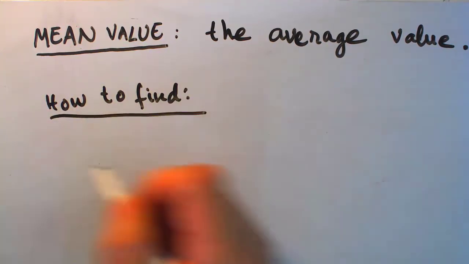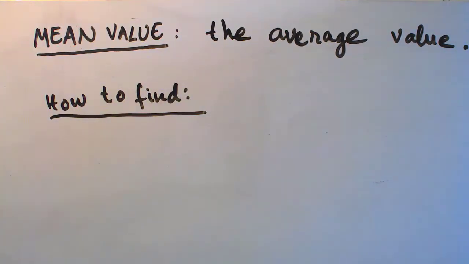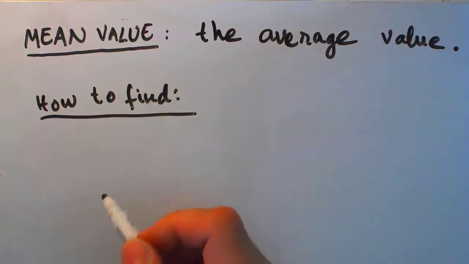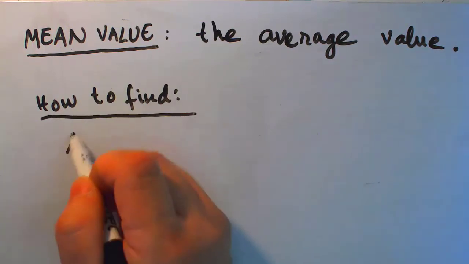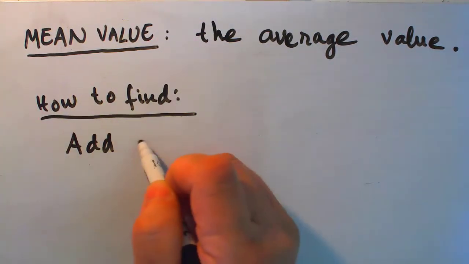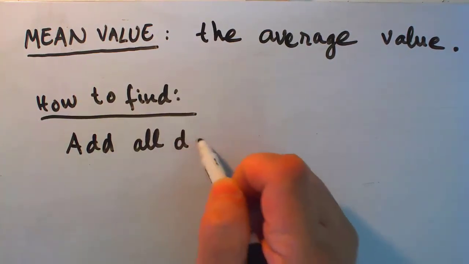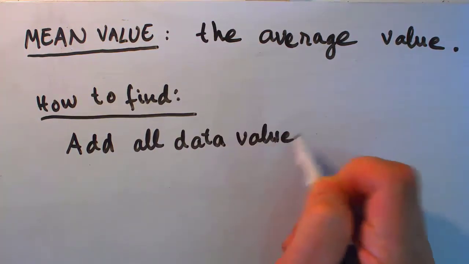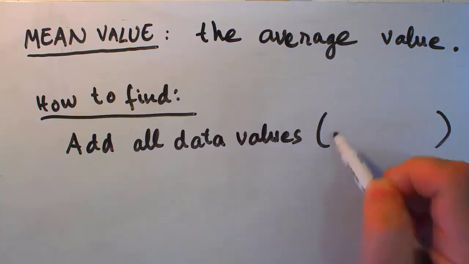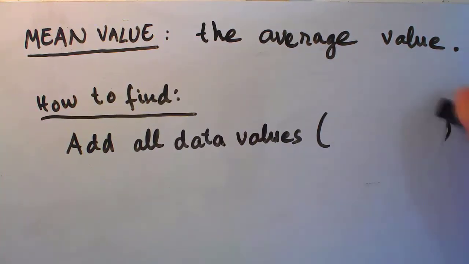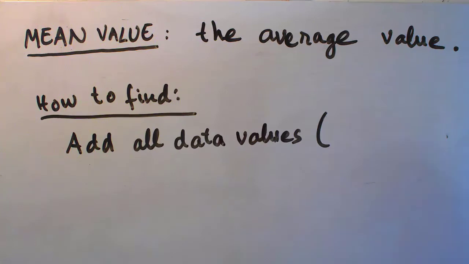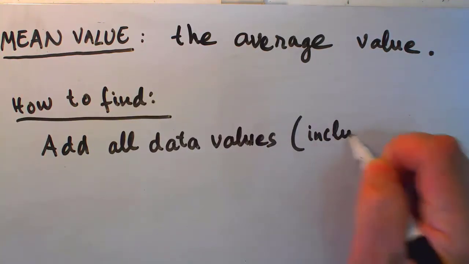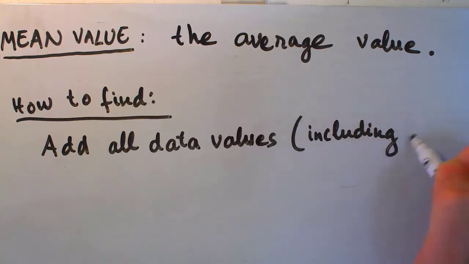All we do, and you have many ways to word this method to find the mean value, but simply how I see it is we're gonna add all data values. And normally I would add for my students, including repeats. And you naturally would know we're gonna have to add all data values, including repeats, to clarify it.